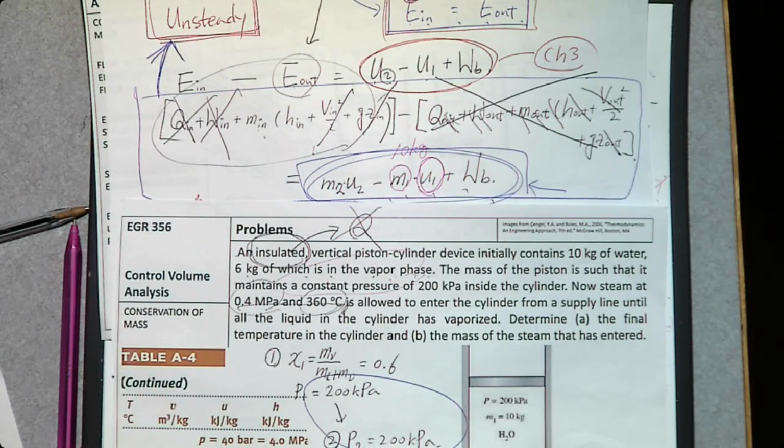Let me review what we did in chapter 3. What will be the WB?